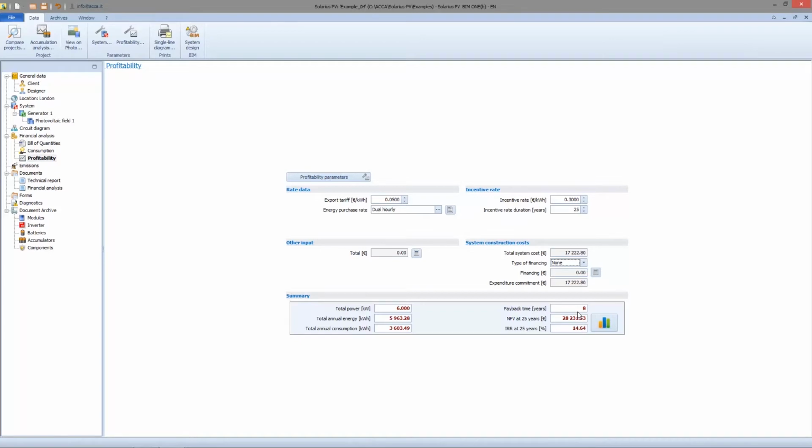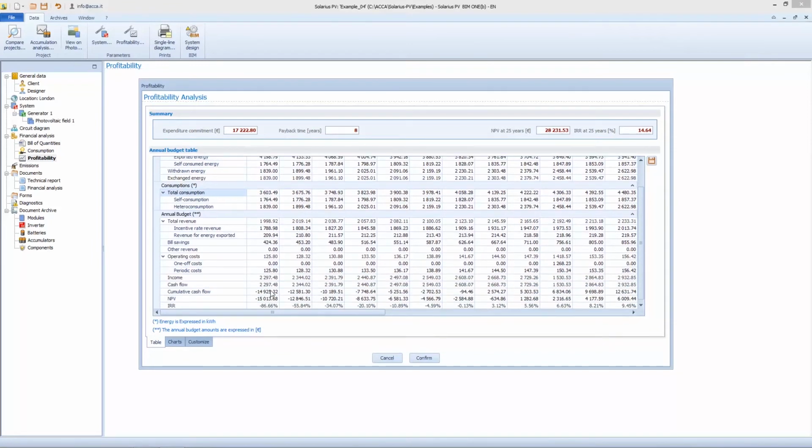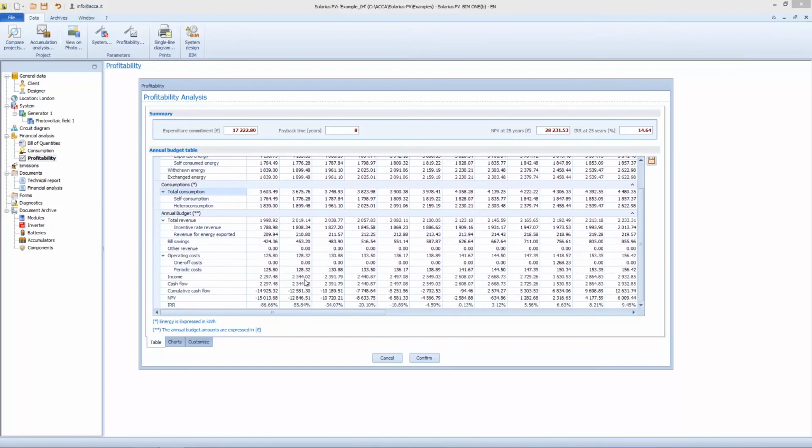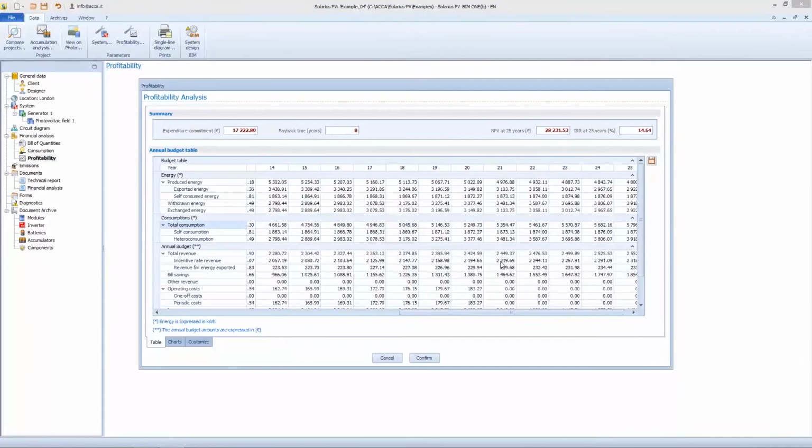Having done this operation, now I can see the profitability analysis in tabular form. It shows step by step all costs and benefits during the years that I chose to analyze at the beginning. I'm studying the long-term economical investment.